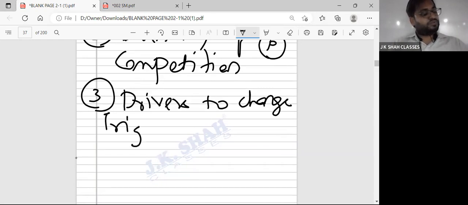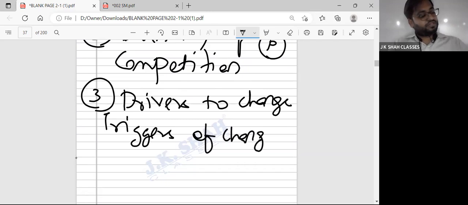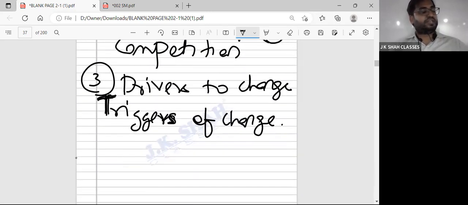In our book, it is written as triggers of change. Drivers to change, you can write as triggers of change. In book, it is written as triggers of change.